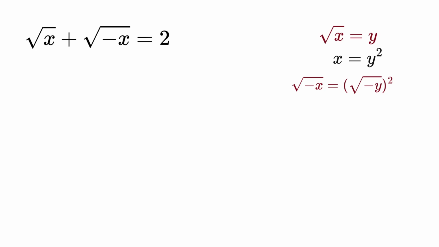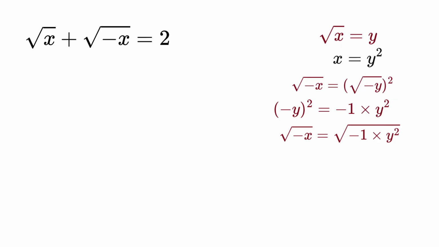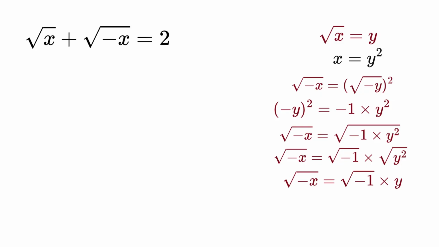Now, watch this carefully. We can rewrite minus y squared as minus 1 times y squared. And here's where the magic happens. We can split this square root as square root of minus 1 times square root of y squared. Now, this square root of y squared equals y. So, square root of minus x equals square root of minus 1 times y.